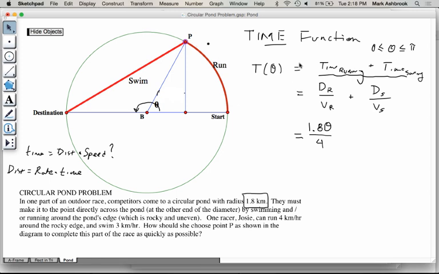Then plus, we've got the distance swimming over what's her speed swimming? Velocity swimming? All right, 3.